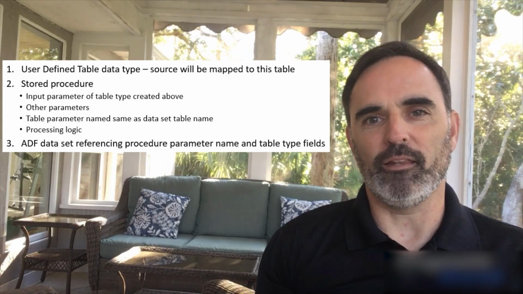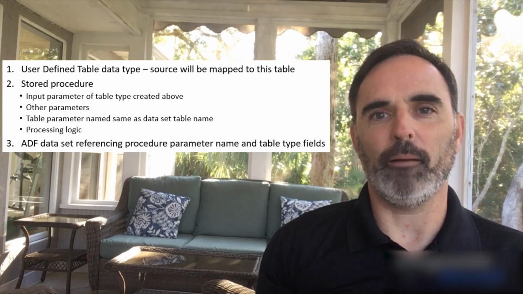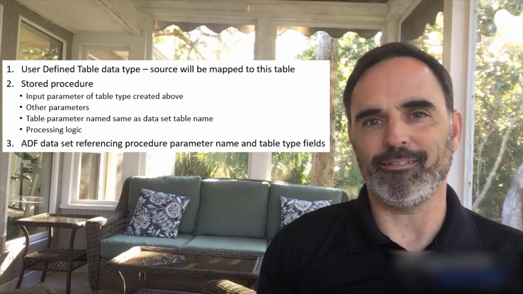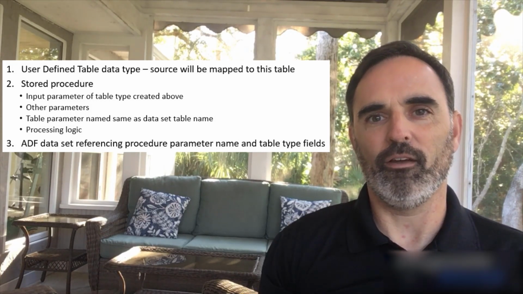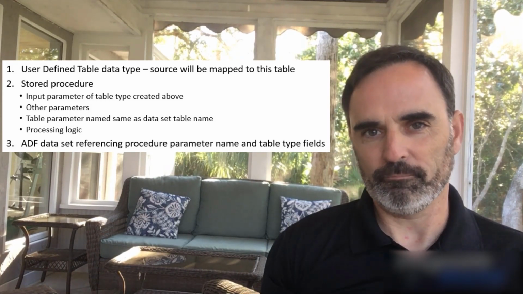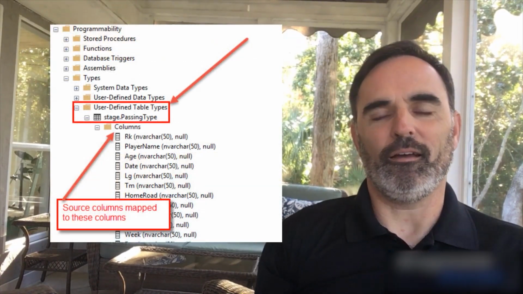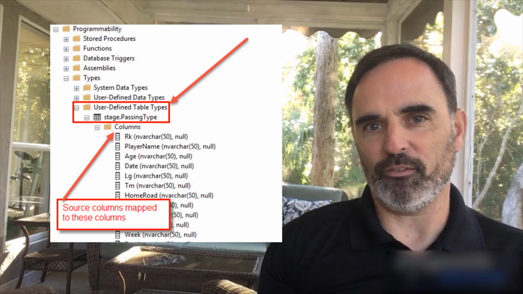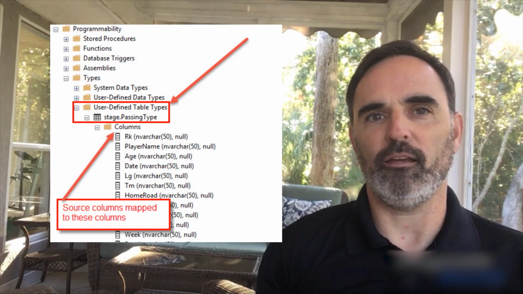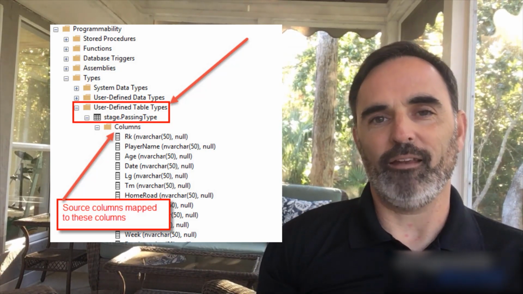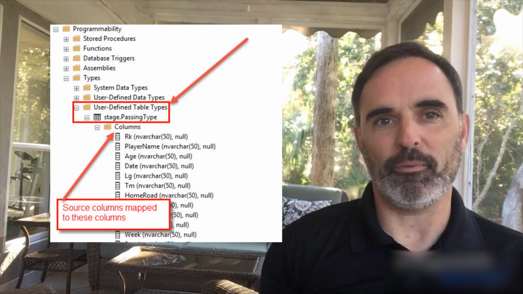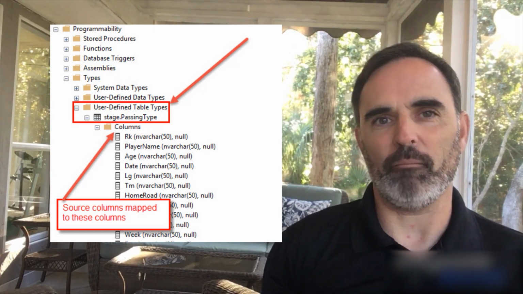And then the last piece of the trick here really is setting up your target data set within ADF to use this stored procedure. So looking at this screenshot here, this is an illustration of SQL Server Management Studio. I've created, in this case, a user-defined table data type that I called stage.passingType.